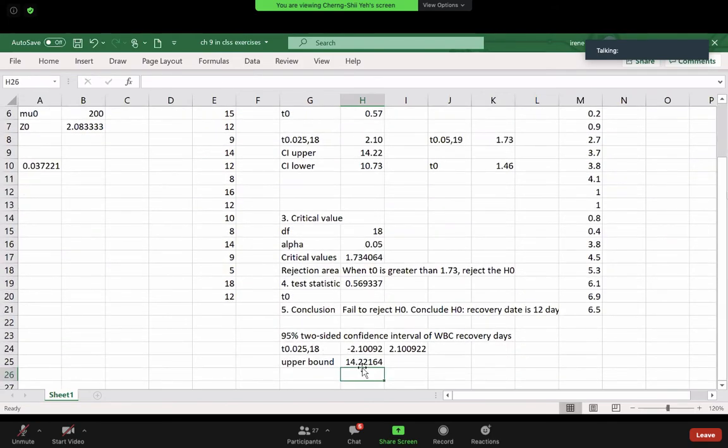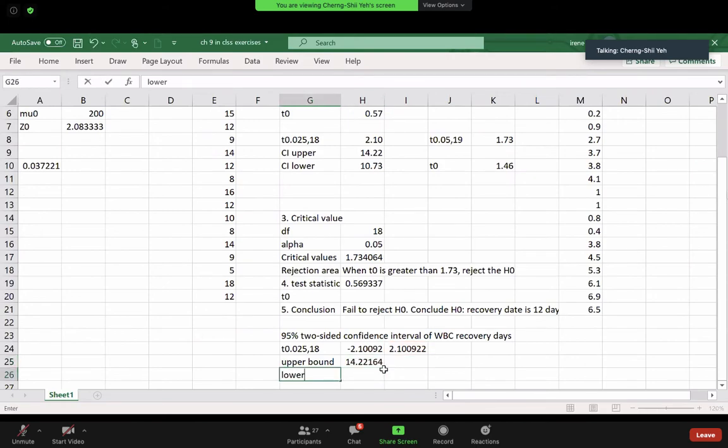Okay, that gives me the upper bound. So this part is my sample average. This part is our estimation here. Okay, t statistic multiplied by sigma divided by square root of sample size.